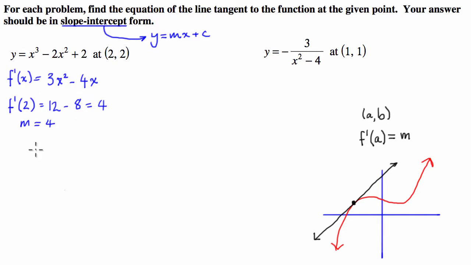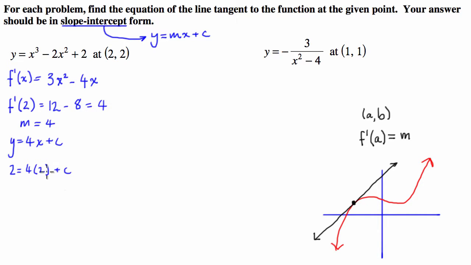Alright, so we're off to a flying start. The next step, like we said, is to substitute that into our slope-intercept form, which gives 4x plus c. Then we substitute in the point 2, 2. So we know that 2 is equal to 4 times 2 plus c.